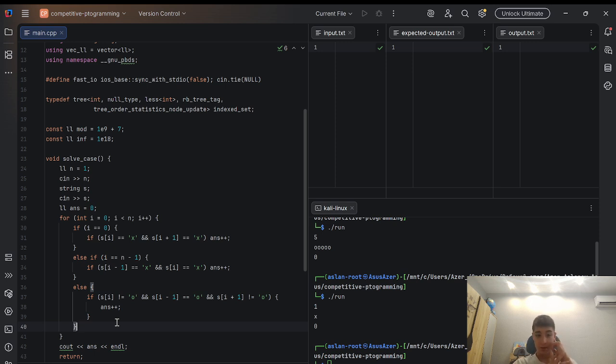I couldn't really get this situation. So if y equal to, okay, so I get this problem.